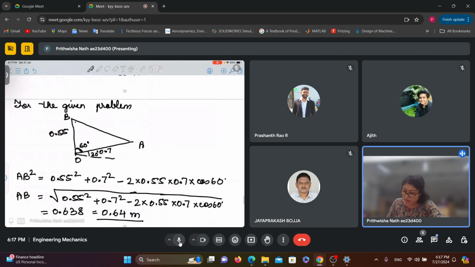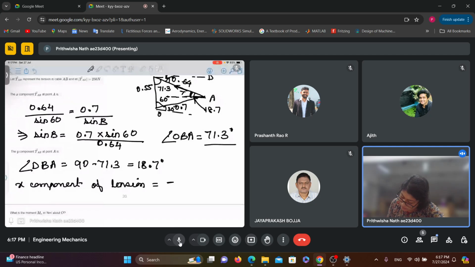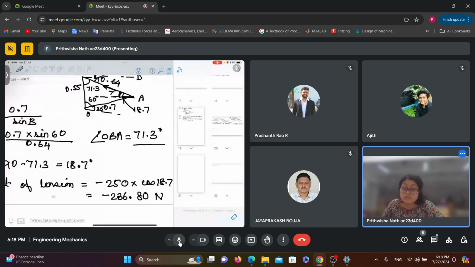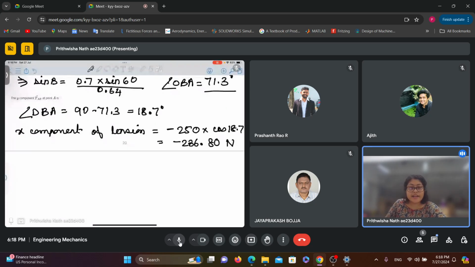Minus of, and the value of tension is 250 into cos of 18.7, that is minus 236.80 Newton. Up till this point, is there any doubt?